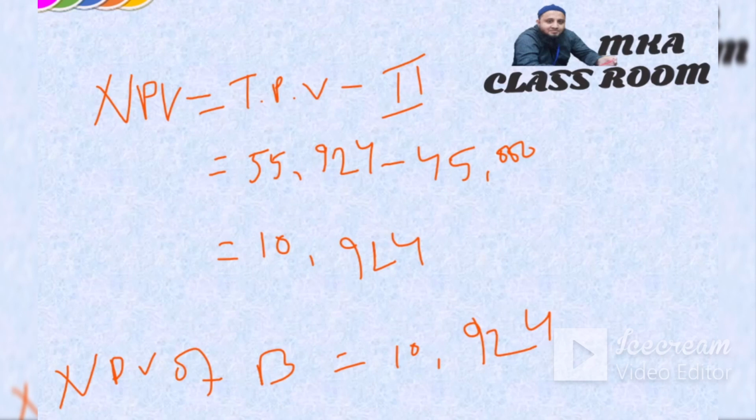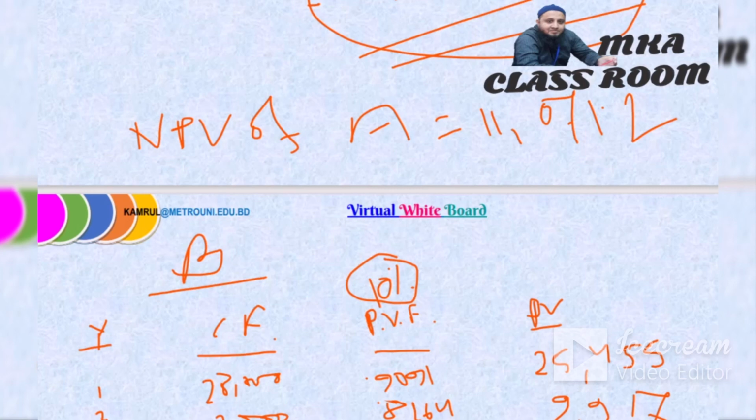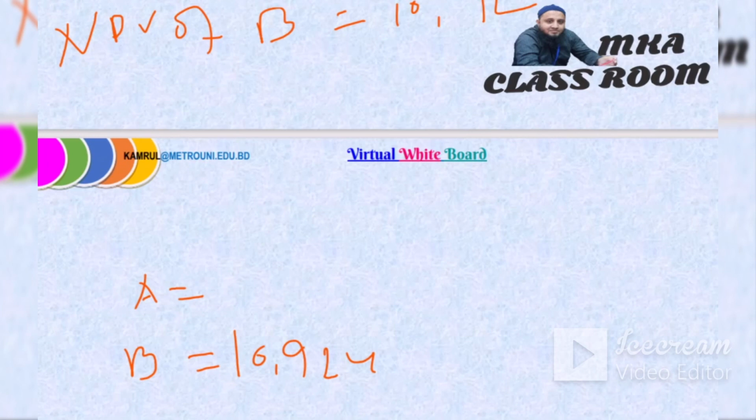We can see here project B has 10,924 and project A has 11,071.2. So these are our two NPVs.